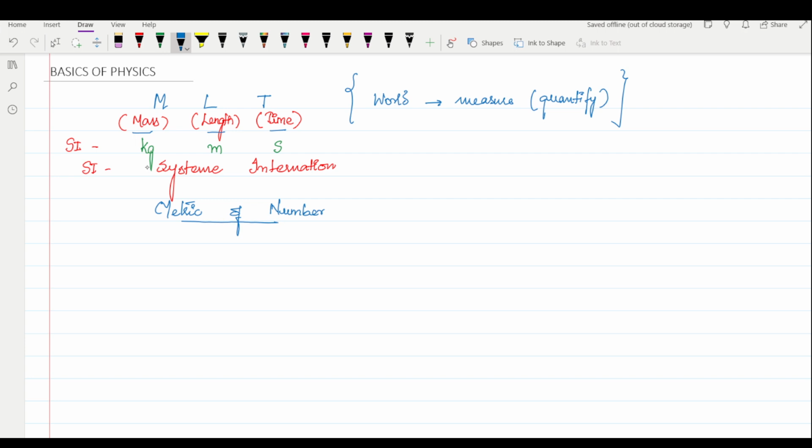So we might be wondering what actually this kg is. Say, for example, the gram is a unit. So what does this kilo represent? Most of you might be having this doubt. What is this kilo? Kilo is nothing but a prefix.